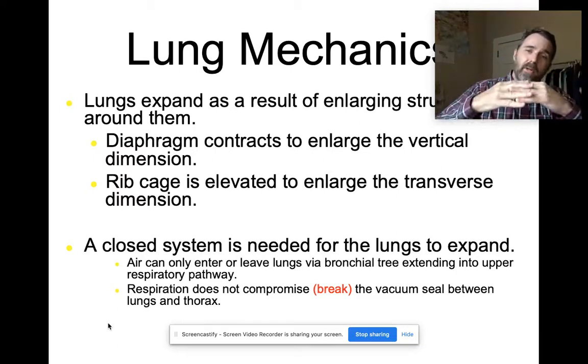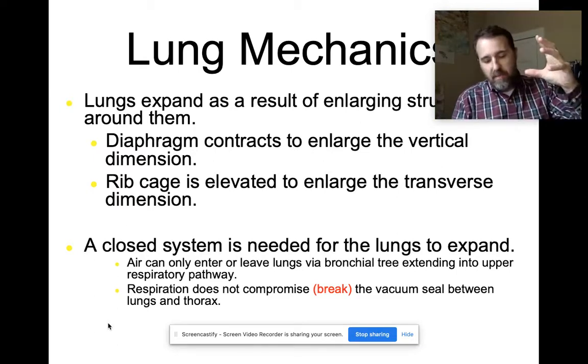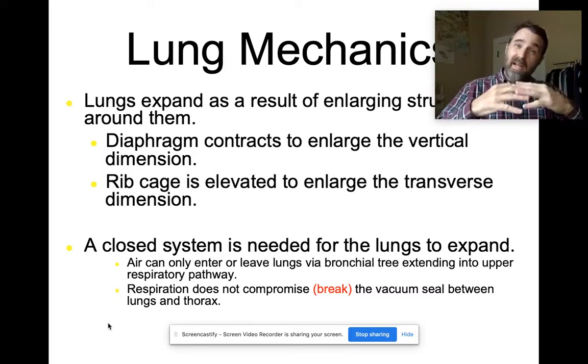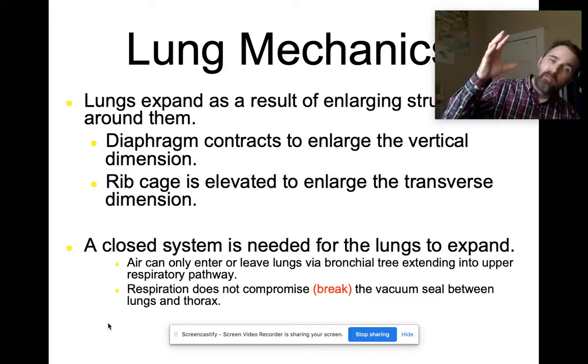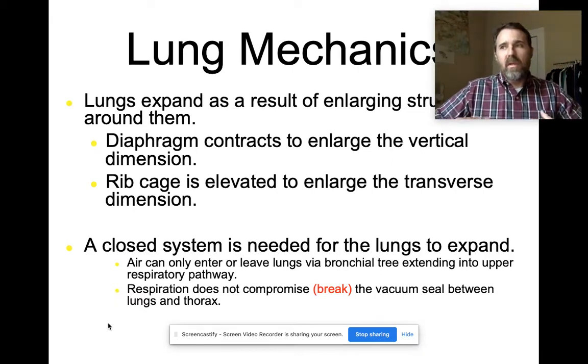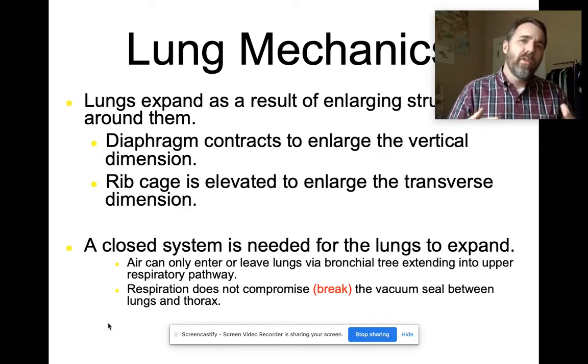So when the diaphragm contracts and lowers, it expands the thorax in the vertical dimension, thereby expanding the lungs vertically. So the lungs move with the thorax.